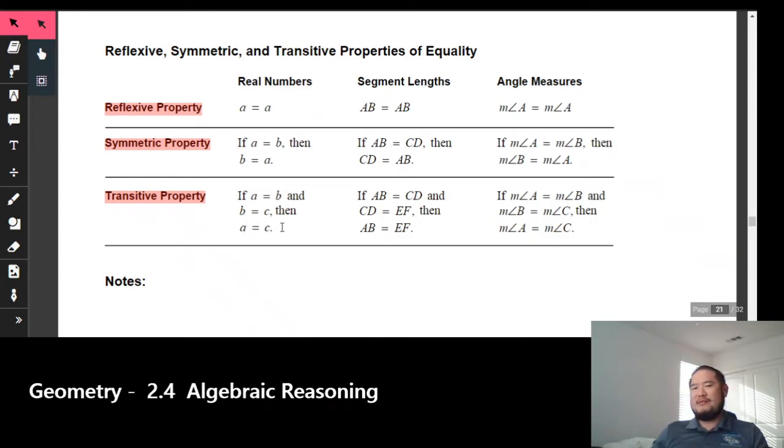I think that's what I said for A for Adam. So there you go. It applies to segments and angle measures. We're making a connection between three different variables, or three different parts, or three different angles.